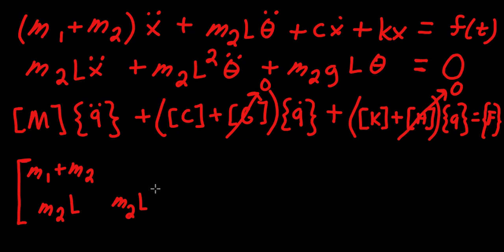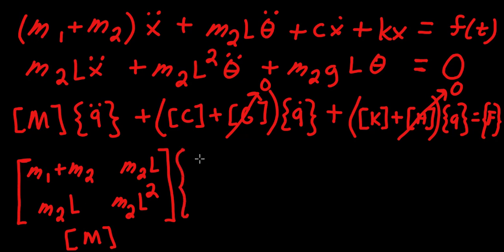Losing track of what I'm trying to say. m2l squared on the bottom right, and then on the top right, I should just have m2l. This is my mass matrix. This is going to be multiplied by x double dot and theta double dot, and this represents my q double dot vector.